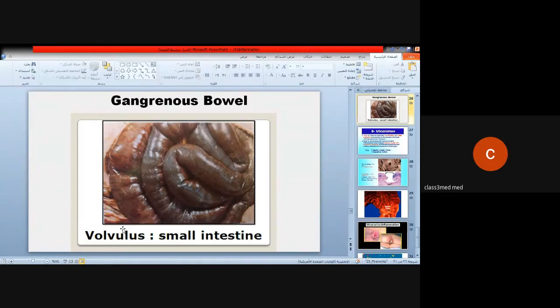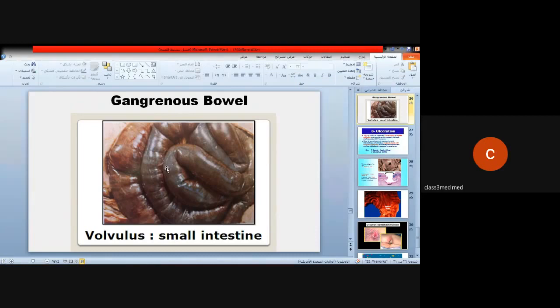In addition, the presence of bacterial flora in the lumen of the bowel produces gangrenous inflammation. So you see there is distension of the small bowel and black discoloration due to the gangrenous inflammation.